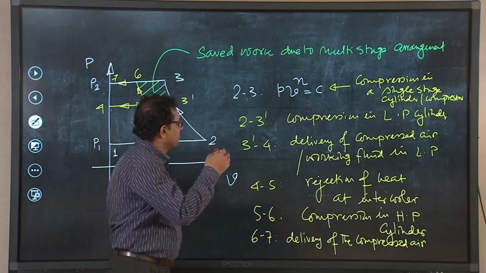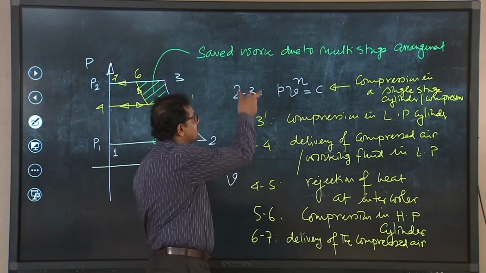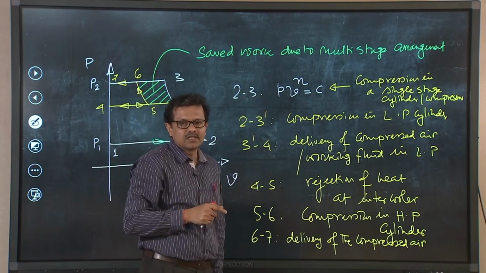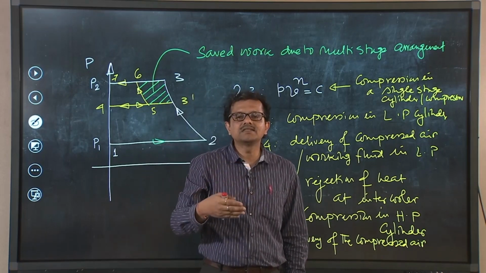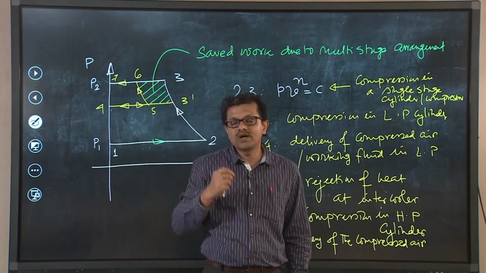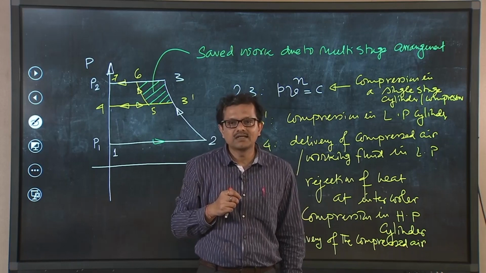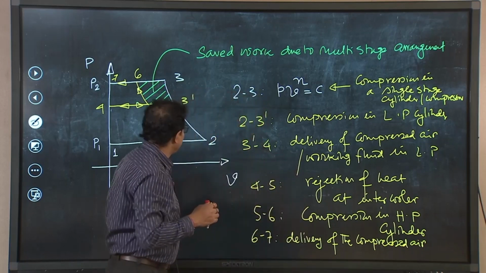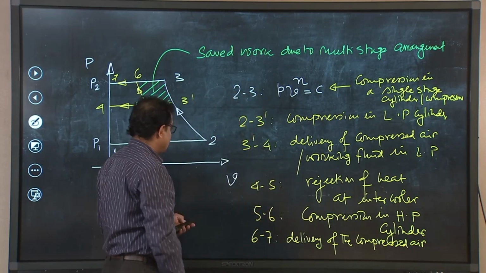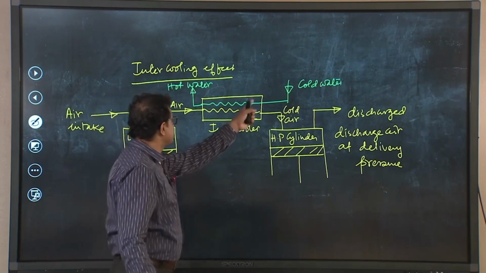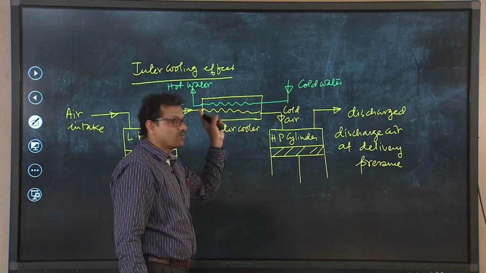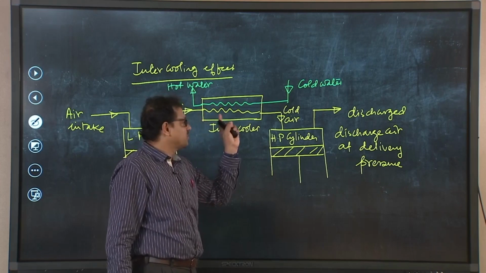But mind it, for this multi-staging arrangement we can save this much amount of work, that is true, that will certainly increase the cycle efficiency, but what is most important, that we need to have an important mechanical component or mechanical arrangement, that is intercooler. So, what we need to do?